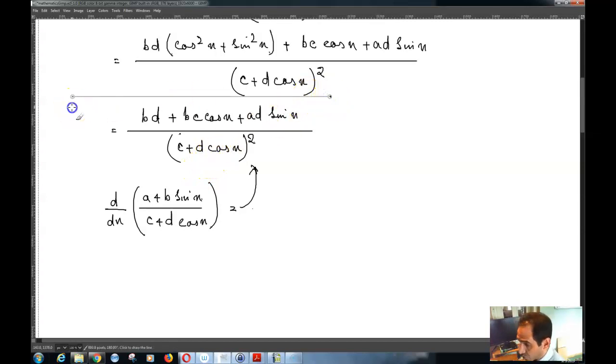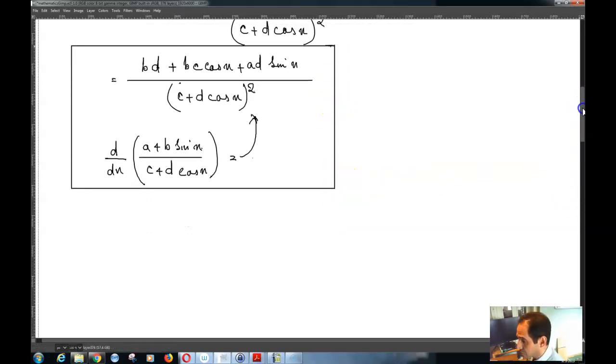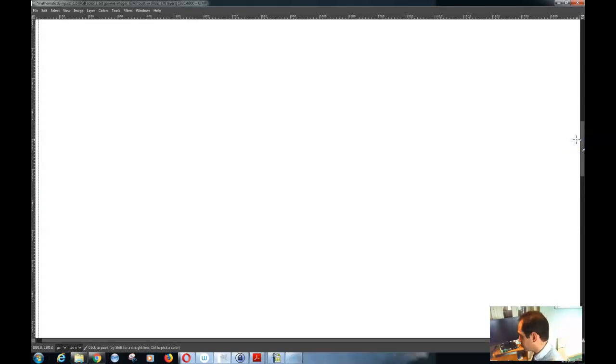That's basically the whole story. Whether or not you can use it anywhere, I don't really know, but that's how you differentiate this function.